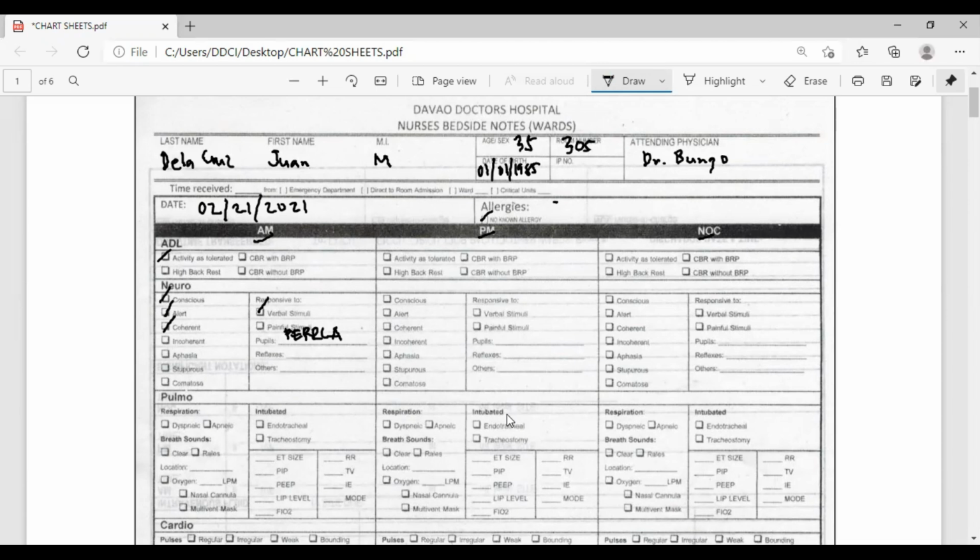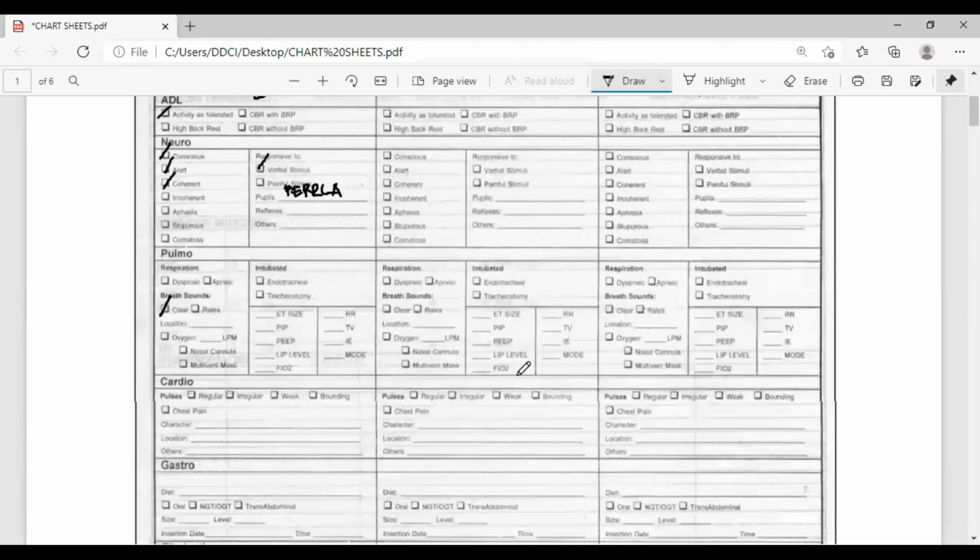Okay, so for breath sounds, you have here clear. And then if the patient is using oxygen, you can put here oxygen. Okay, so let's say the patient is not using oxygen, so I'm going to leave it blank. But if the patient is having oxygen, you can put how many liters per minute. Then you can check either if it is nasal cannula or venturi mask.